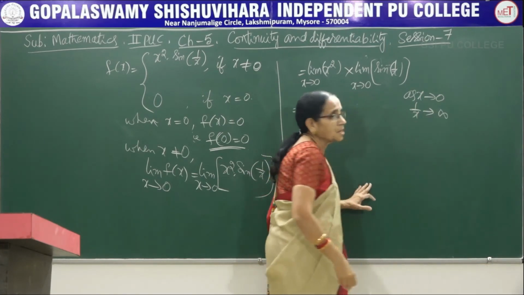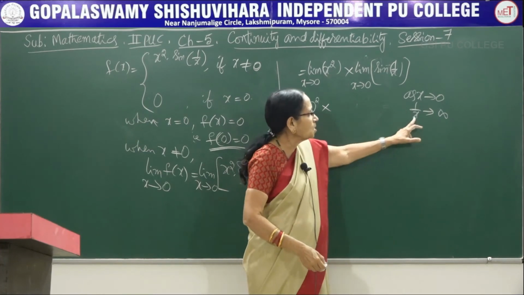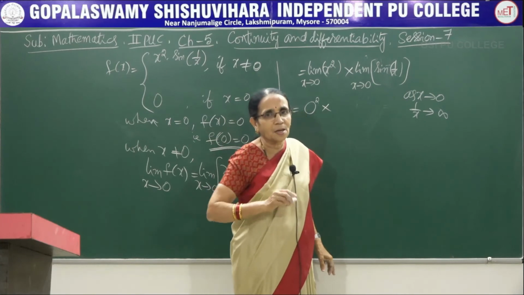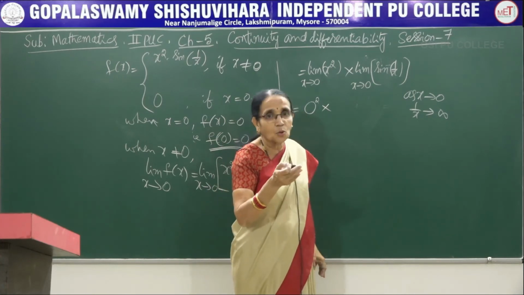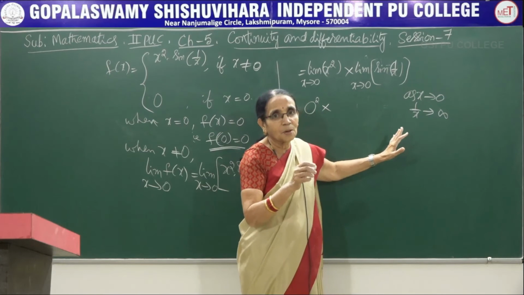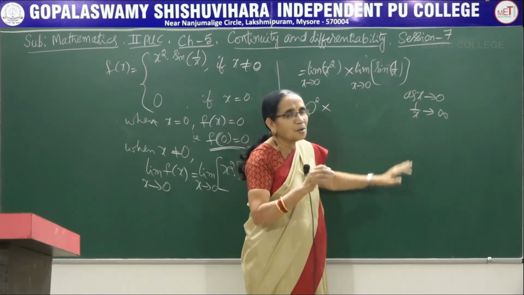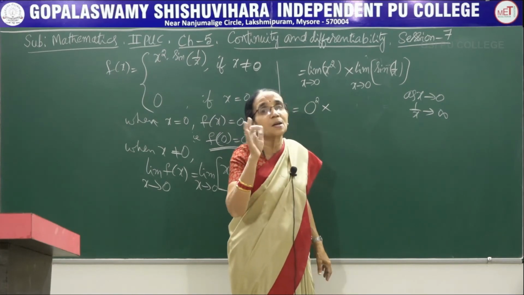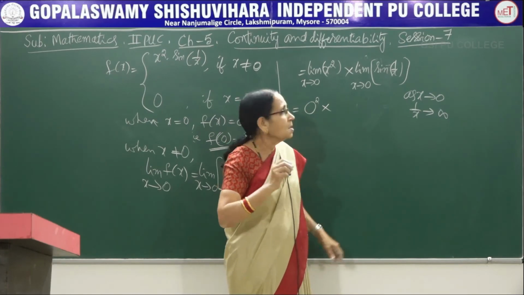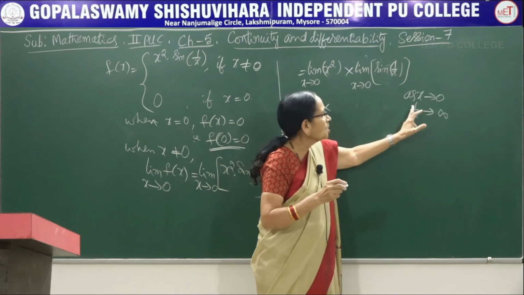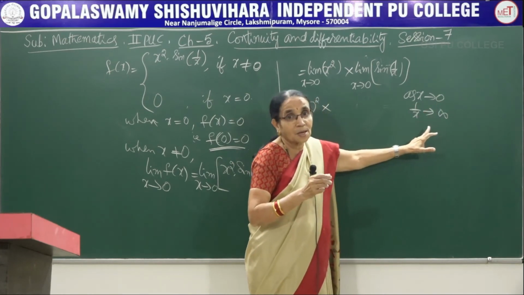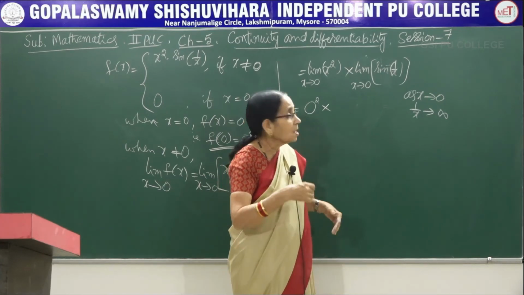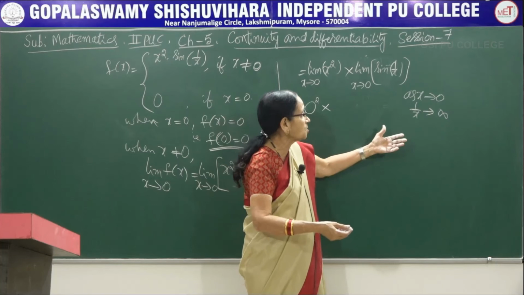It tends to infinity, because when 0 comes in the denominator position, we denote it as infinity. Many times I have told you that infinity is not a number. Whenever 0 comes here, we denote it by infinity. We mean that it's a very big, very huge quantity. So, as x tends to 0, 1 by x is moving towards a higher and higher quantity.